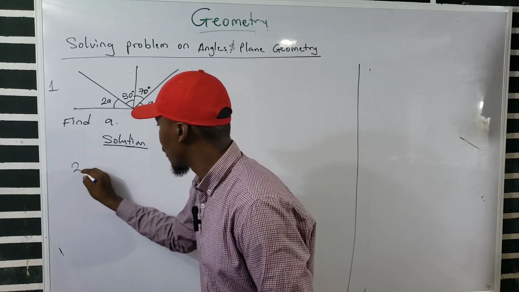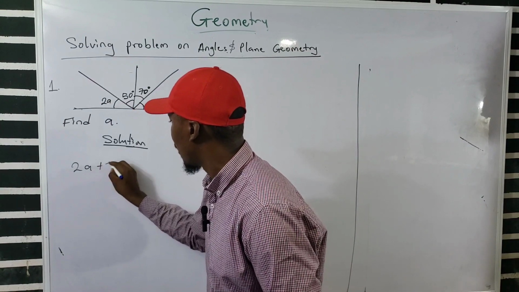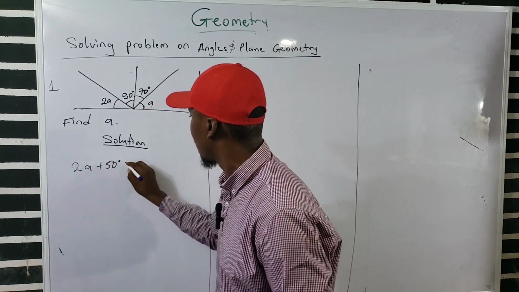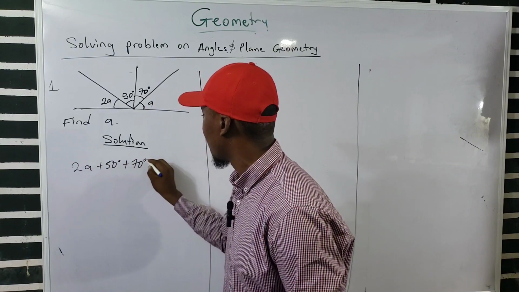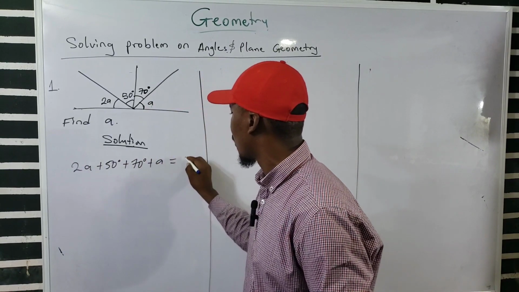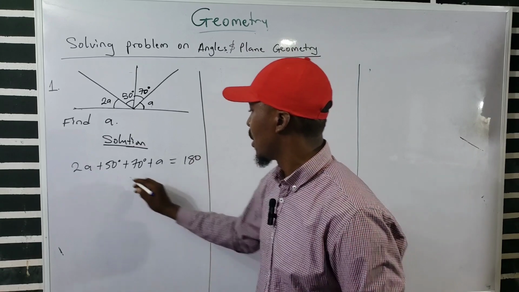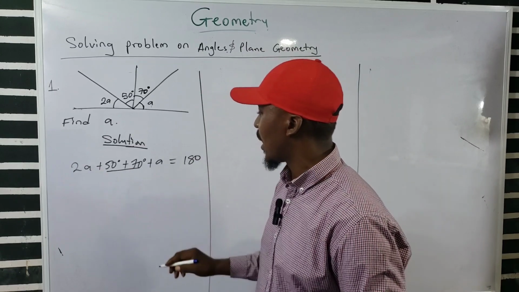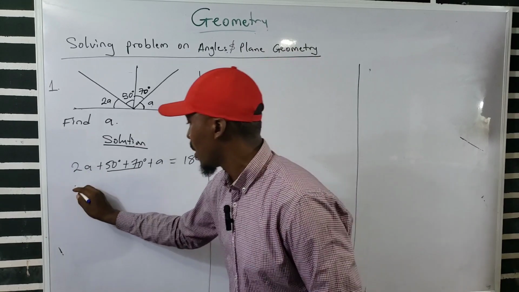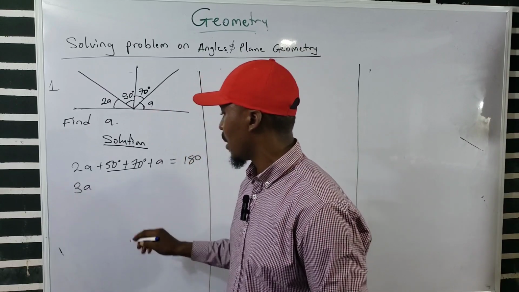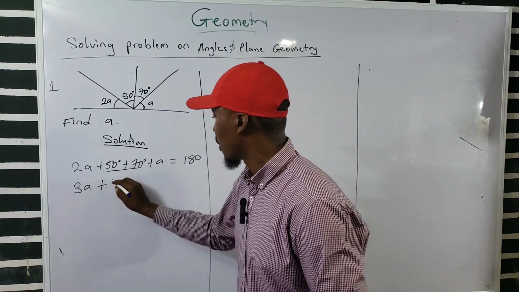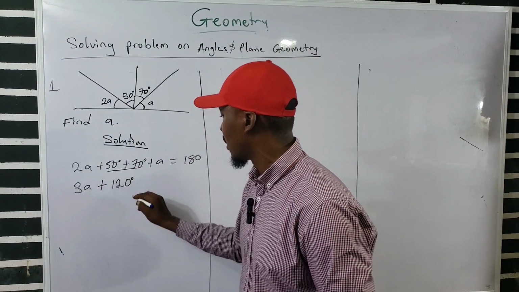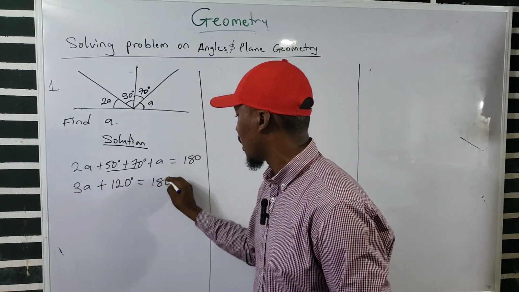So that will give us 2a plus 50 degrees plus 70 degrees plus a equal to 180 degrees. So collect like terms, a and 2a will give us 3a, plus these two will give us 120 degrees equals 180 degrees.